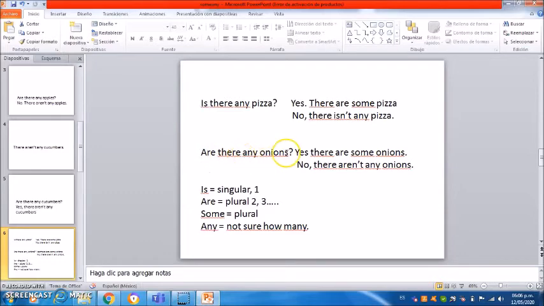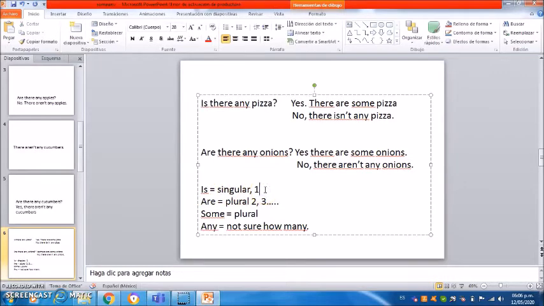Are there any onions? Yes, there are some onions, or no, there aren't any onions. Again, is, we are going to use it for singular, 1. And remember that we are talking about those that we count in a package. Cookie, we used to buy it in a package, not 1 by 1.